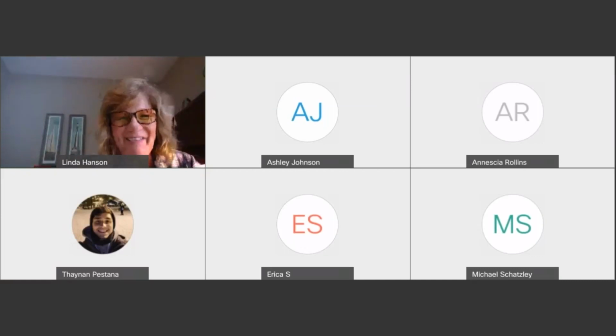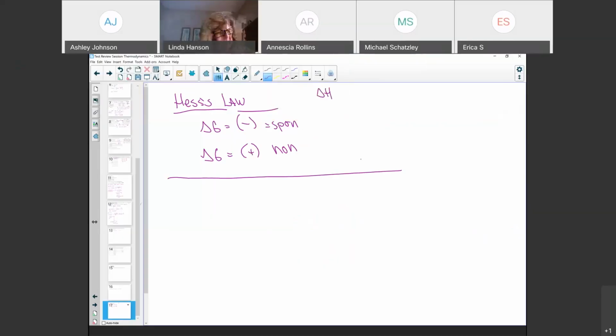No, I was actually referring to what we did in our note pack where we had to find the delta G under non-standard conditions. Yeah, that's this formula. This is called the Nernst equation.